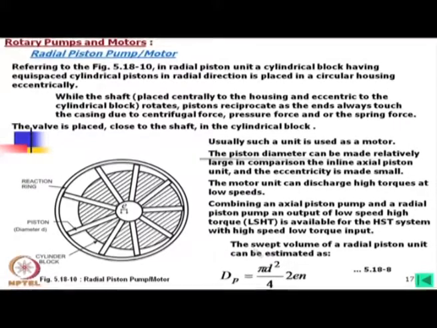Now, in this case, the swept volume can be given by the piston area, 2E is the stroke length, twice the eccentricity, and N is the number of pistons.